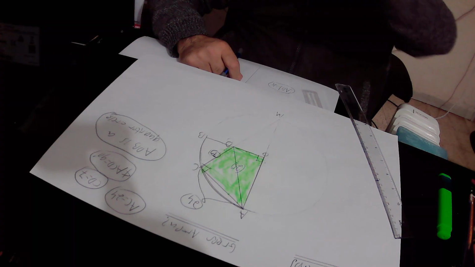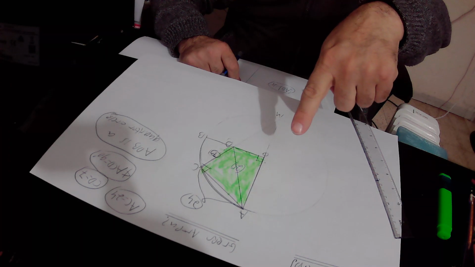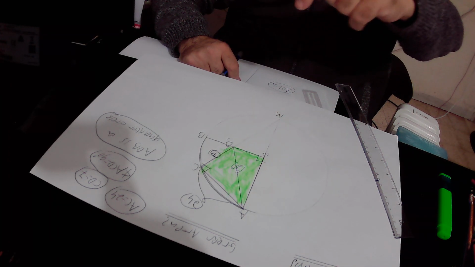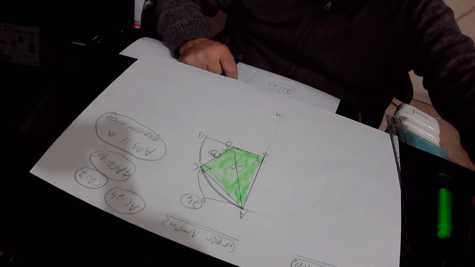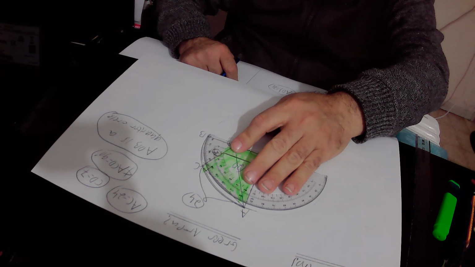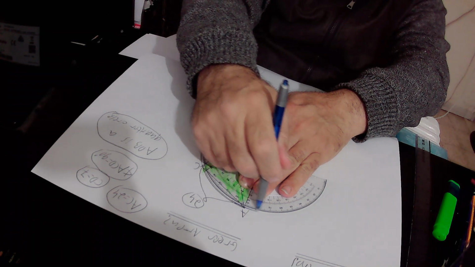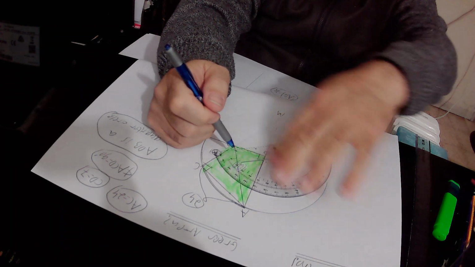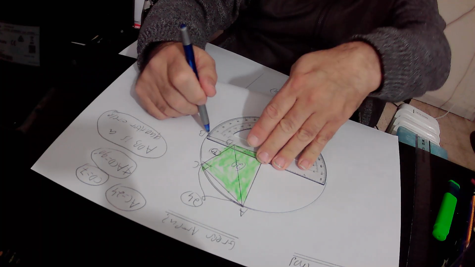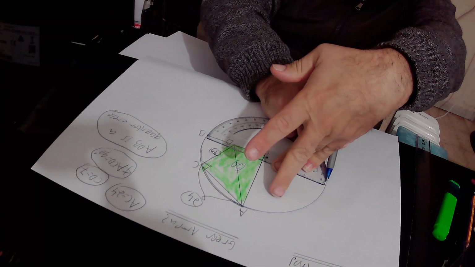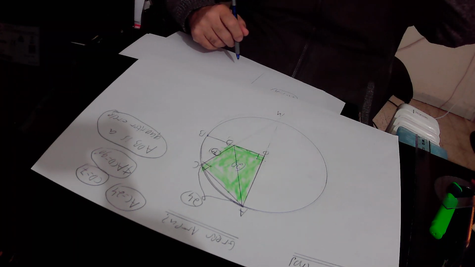And point O must be the center of the circle that we create by completing the quarter circle. We completed this quarter circle to a circle.